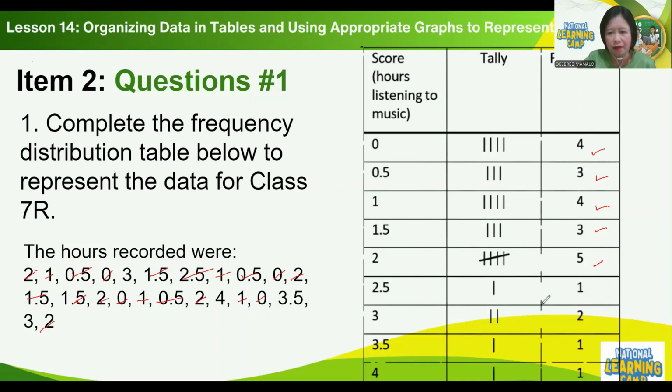For 2.5 hours, we have 1. For 3 hours, we have 2: 1, and then 2. Okay, that's correct. For 3.5 hours, we have 1. And then for 4 hours, we have 1. So that completes the tally table.